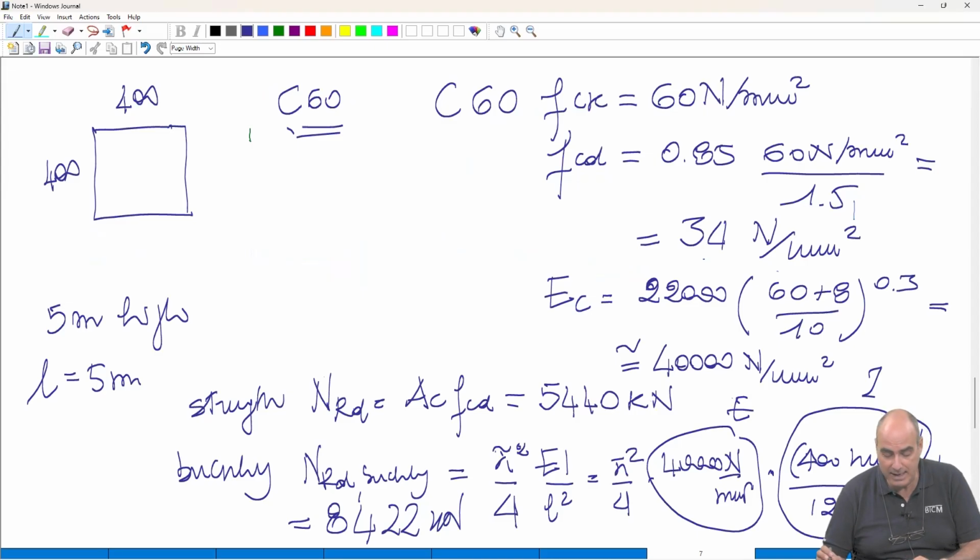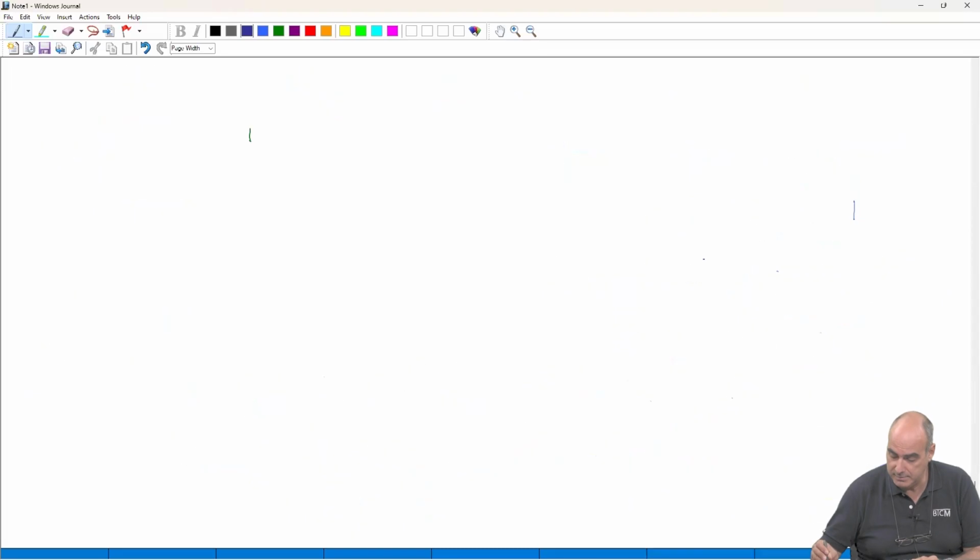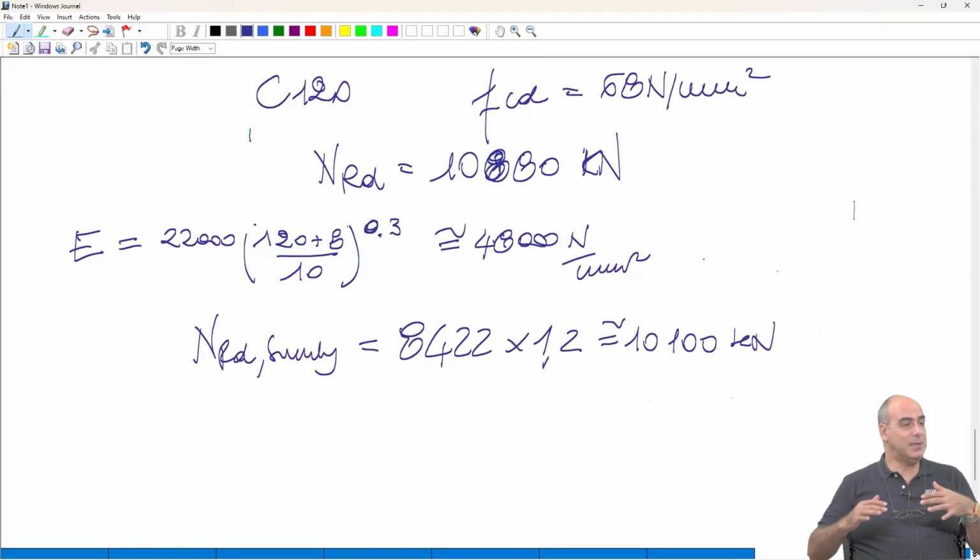And if you make these things, 8,422 plus 20%, you have to sum up something like 1660. So will be probably something like 10,000. So this means that we have reached the limit. The buckling load here is lower, not much lower, so they are more or less there at the bearing load capacity.